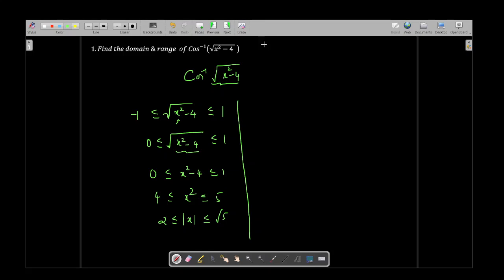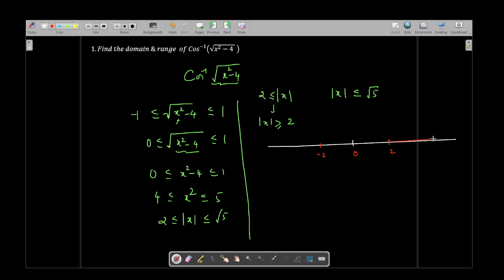We can divide this into two parts. One is 2 less than or equal to mod x. The other one is mod x less than or equal to root 5. From the first I can write mod x greater than or equal to 2. What does it mean? It means I take 0, and the distance should be greater than 2.